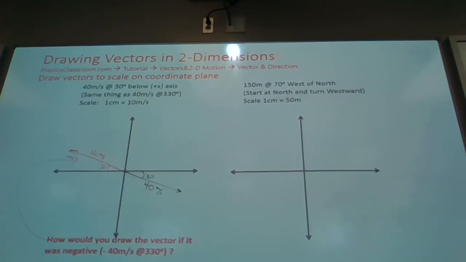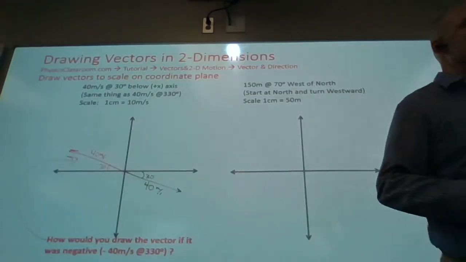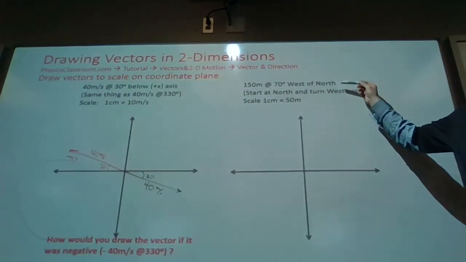Oh, wait a minute. We're not done there. All right, so another way you can be given a vector is, let's say it's 150 meters at 70 degrees west of north. To draw this, here's my recommendation. You read this backwards.